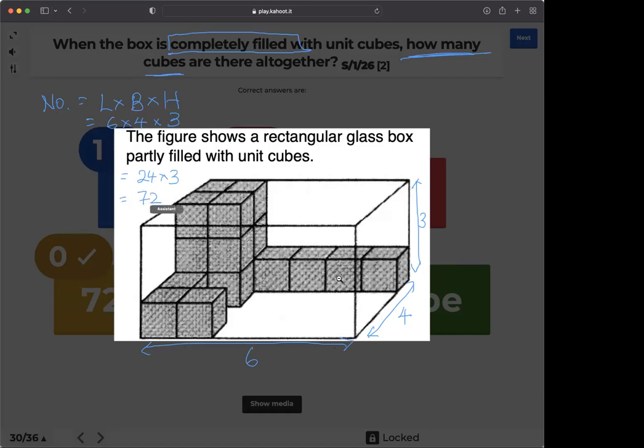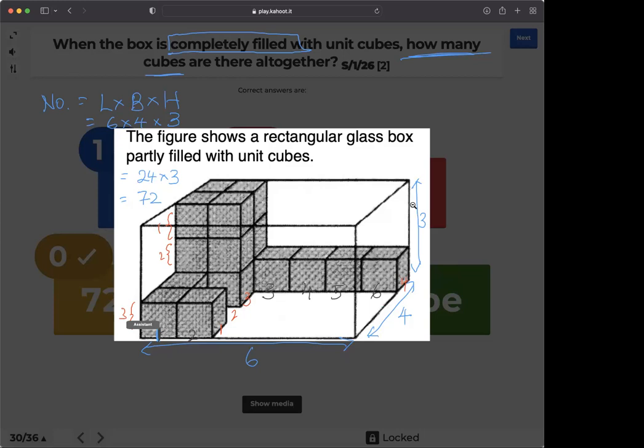Okay, do you all know how I get 6, 4, and 3? Do you all need me to explain how I get 6, 4, and 3? Okay, hard to see. 1, 2, 3, 4, 5, 6. Can you see that now? How to see the breadth? How do I get 4? 1, 2, 3, 4. Okay, height should be simple. 1, 2, 3.